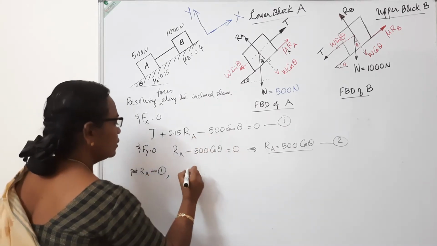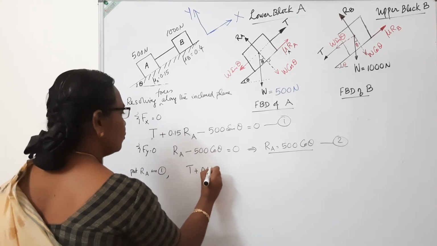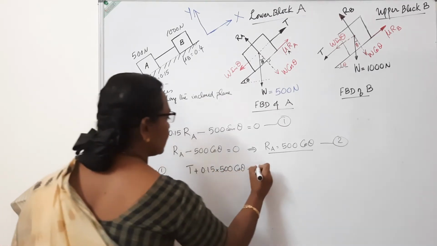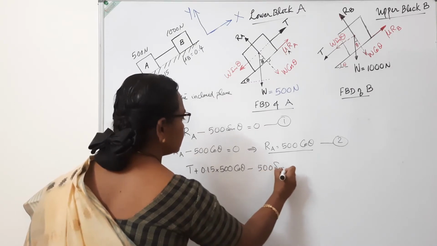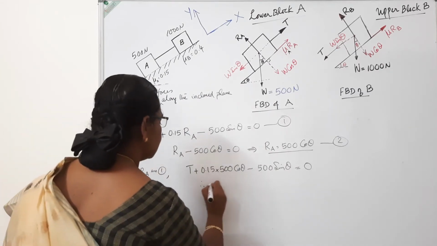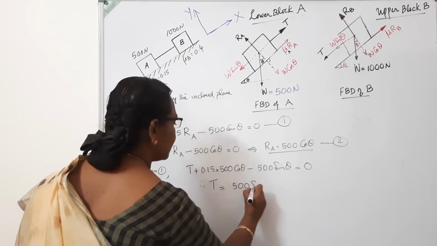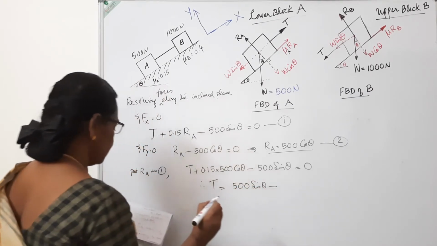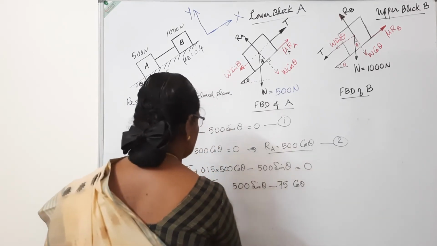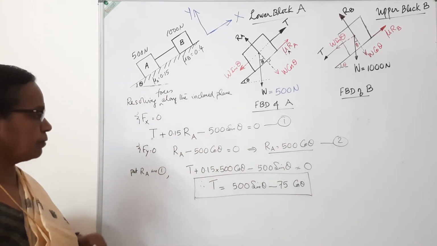The value of Ra in 1 will give T plus 0.15 into 500 cos theta minus 500 sin theta is equal to 0, or we get T is equal to 500 sin theta minus 0.15 into 500, which is 75 cos theta. I will get one value for T.